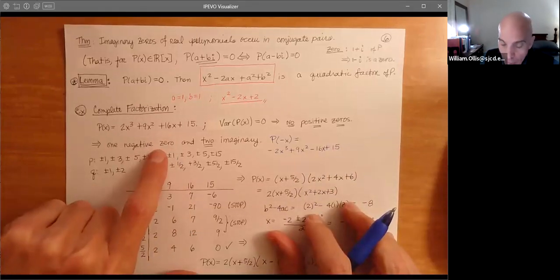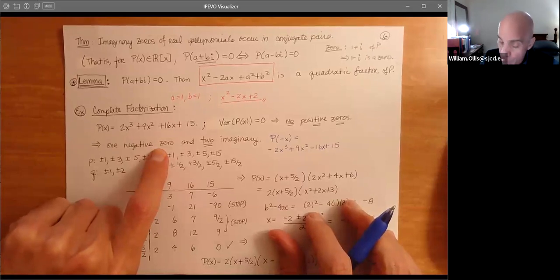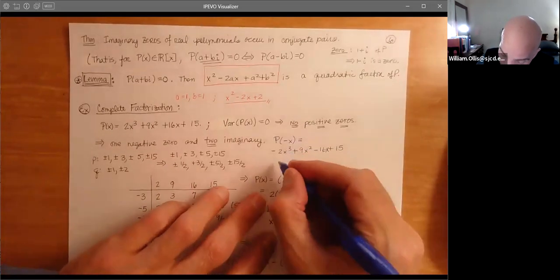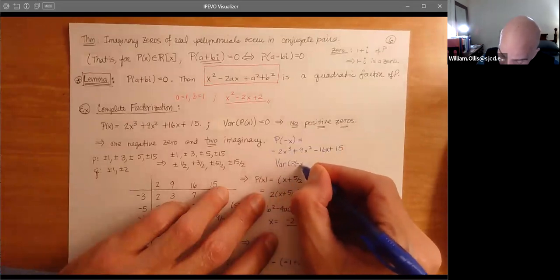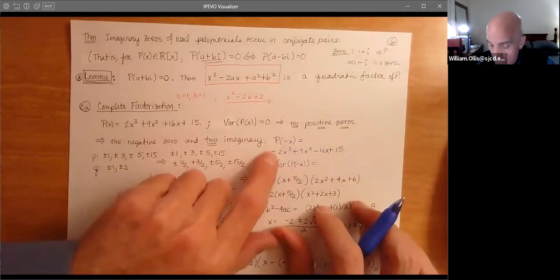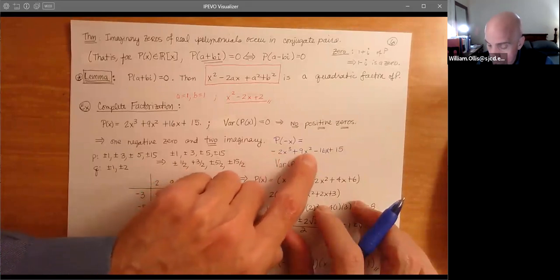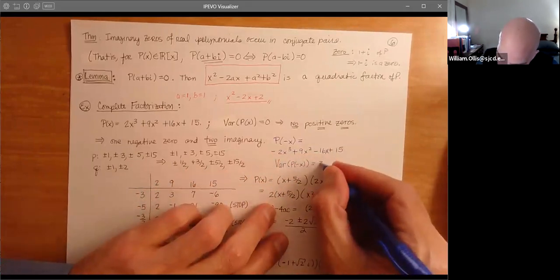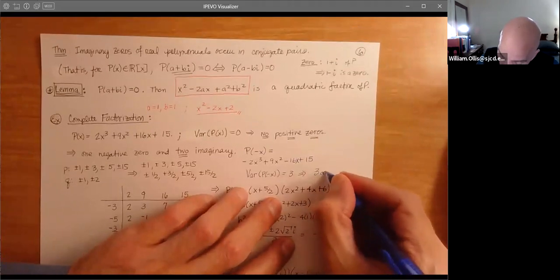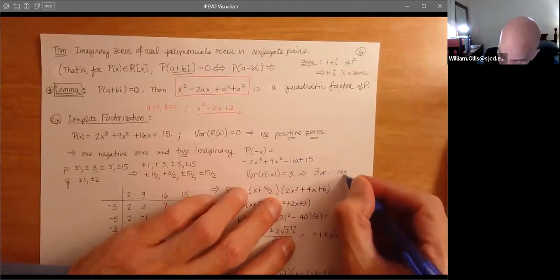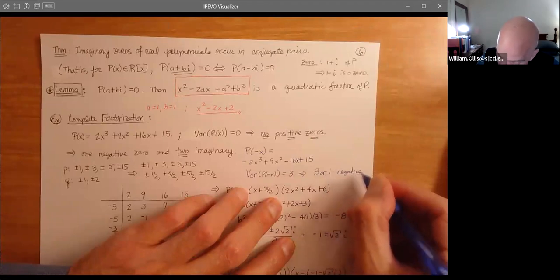So this would certainly be a possibility, but notice when we do the variation for P of -x, we start negative, 1, 2, 3. So this implies 3 or 1 negative zeros.